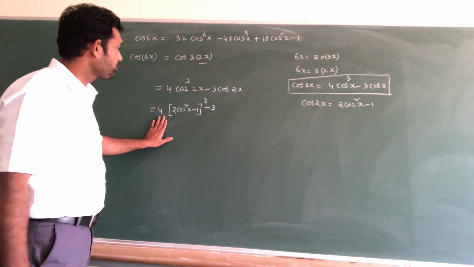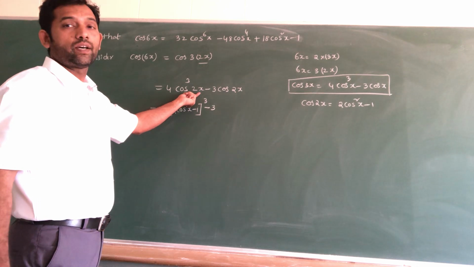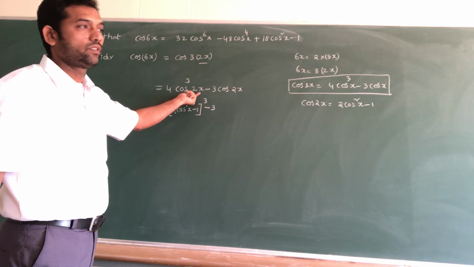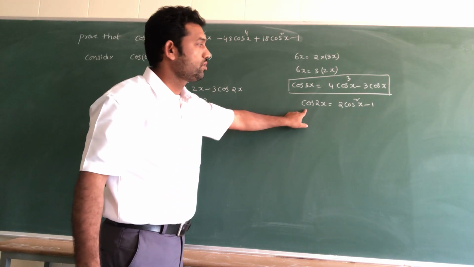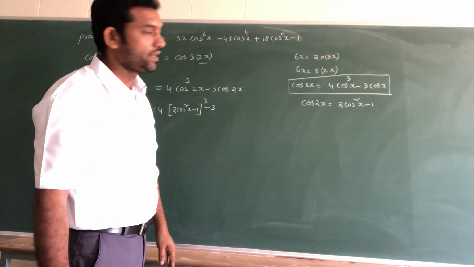After that, you substitute the cos 2x formula in terms of cos. The cos 2x formula is 2 cos square x minus 1.